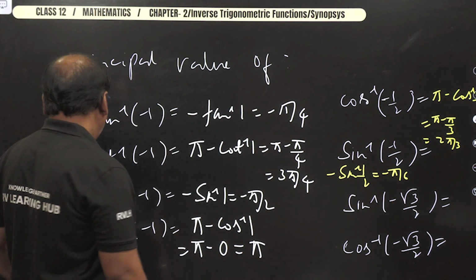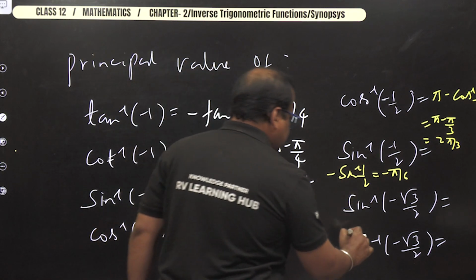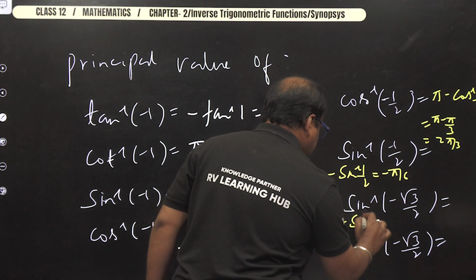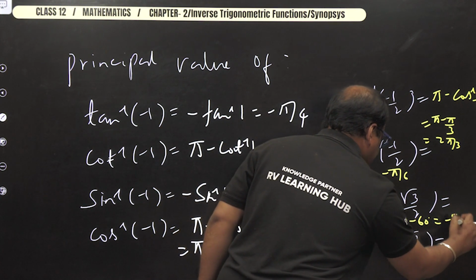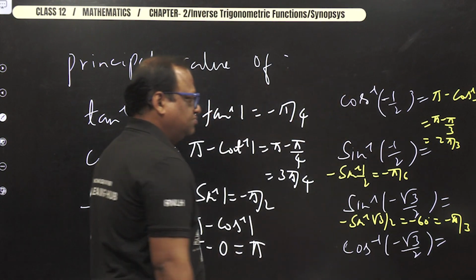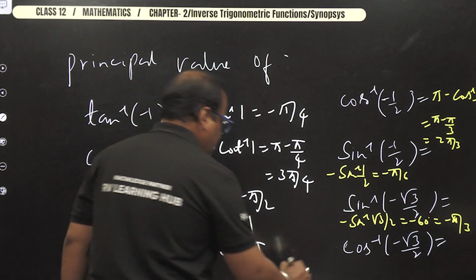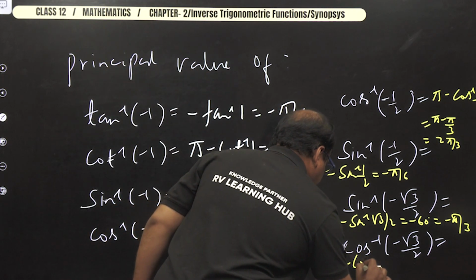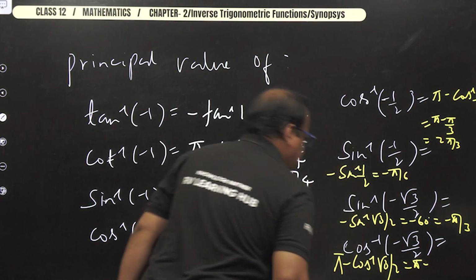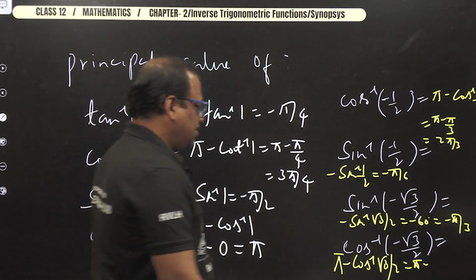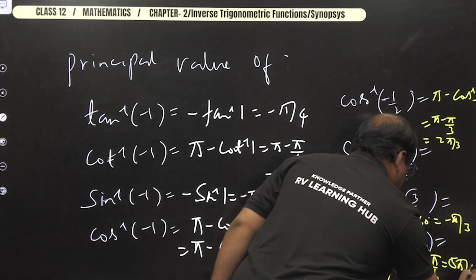Now sine inverse of minus root 3 by 2 is minus sine inverse of root 3 by 2, which is minus 60 degrees, minus pi by 3. Cos inverse of minus root 3 by 2 is pi minus cos inverse of root 3 by 2, pi minus 30 degrees, pi minus pi by 6.